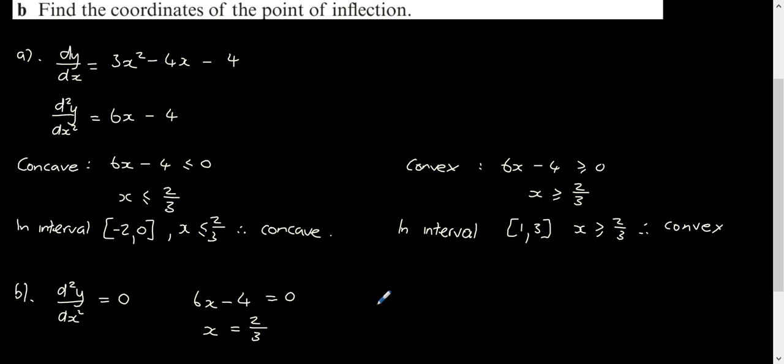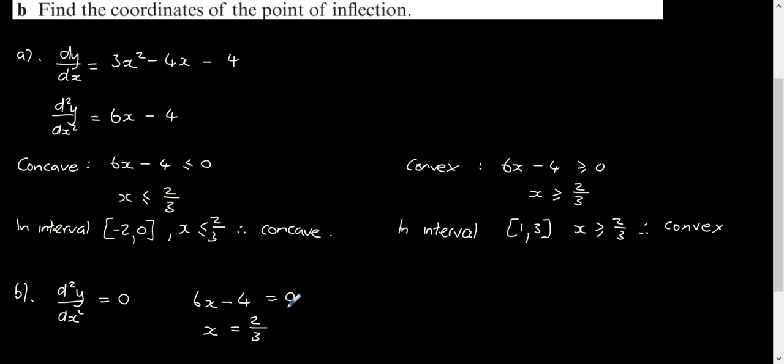Now we've seen that if it's concave for x is less than or equal to 2/3, and convex for greater than or equal to 2/3, then it stands to reason that 2/3 is going to be this point of inflection. But we've made this equal to 0 to show that. Now you might also be asking yourself about this "or equal to" part here. How can it be concave, convex, and a point of inflection all at the same time?